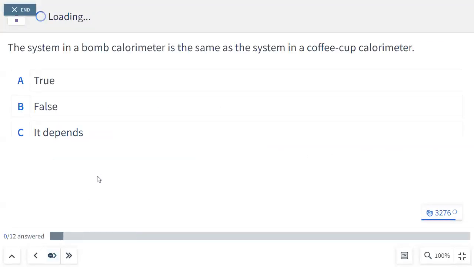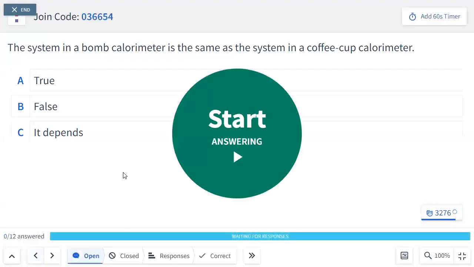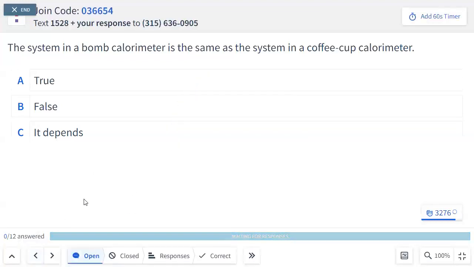All right, let's do a quick review problem and see if we understood this overall concept. True or false? The system in a bomb calorimeter is the same as the system in a coffee cup calorimeter.